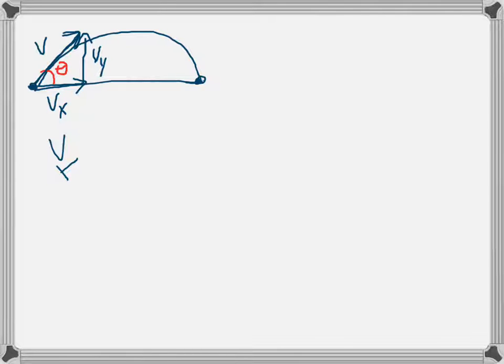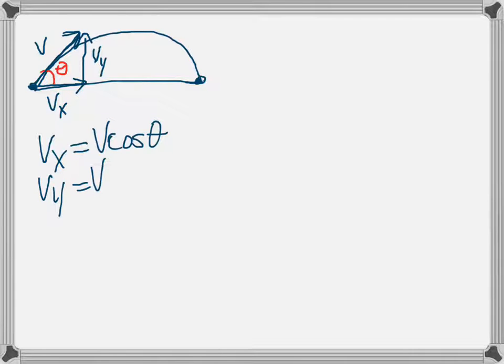Vx would equal v times the cosine of theta, and Vy will equal v times the sine of theta. So those are our projectile motion components of the velocity that we're going to be using.